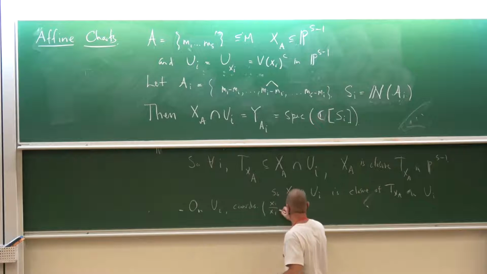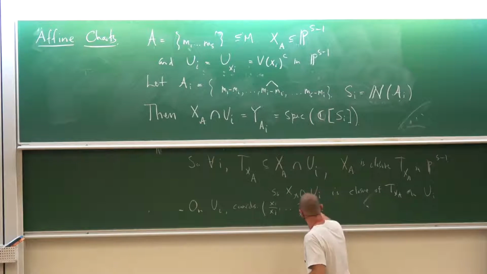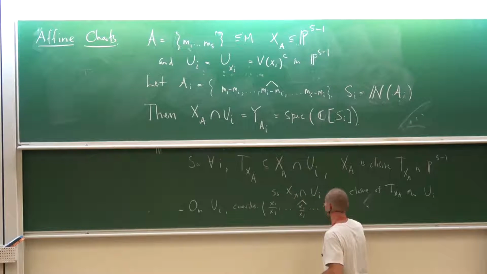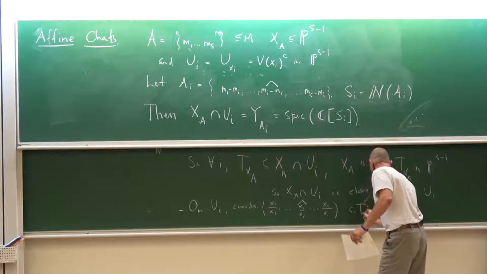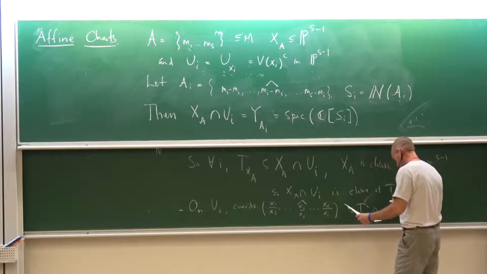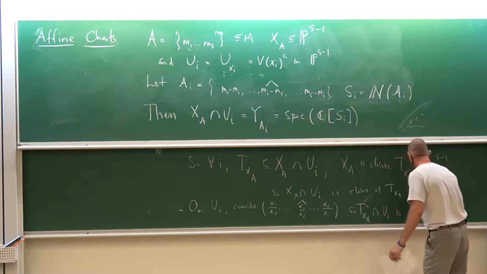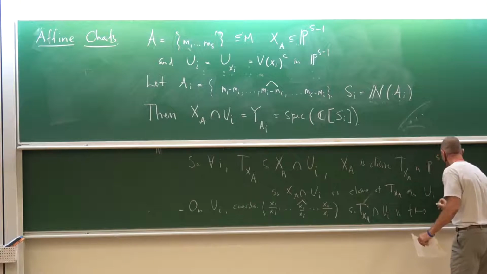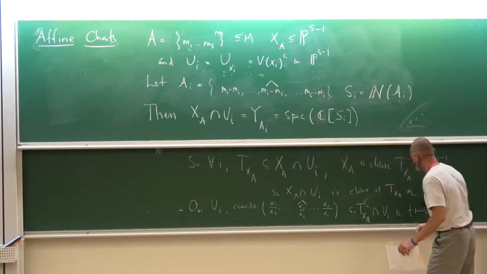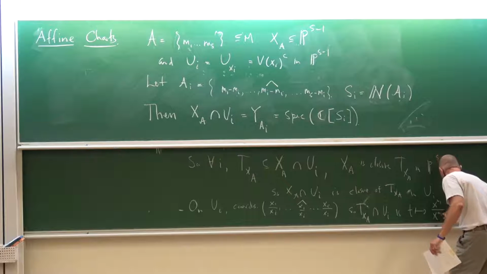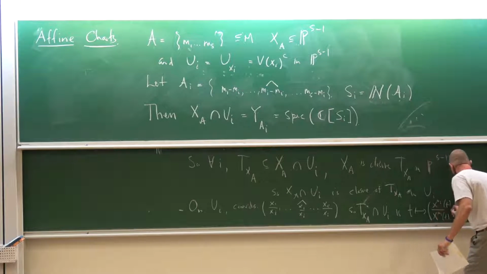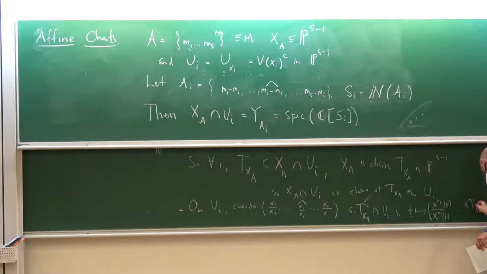If I'm using the xi's as coordinates for the vector space, we have xi over xi, up to xS over x sub I. So those are the coordinates on U sub I. So T of X sub A intersect U sub I is just given by the image of the closure of the map that takes t to chi^m1(t) over chi^mi(t), up to chi^ms(t) over chi^mi(t).